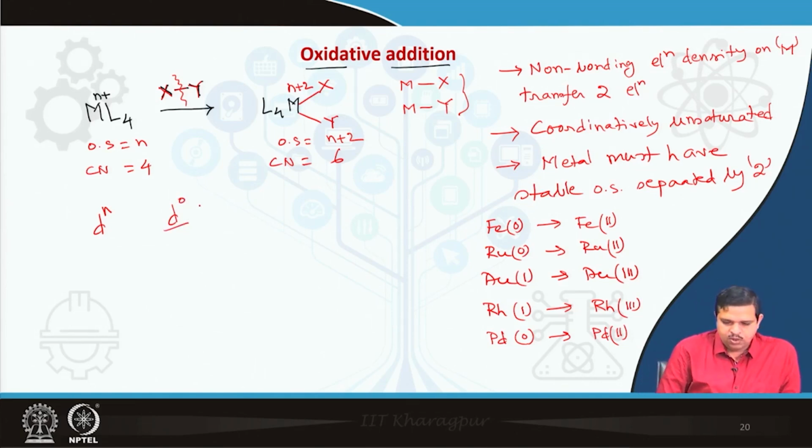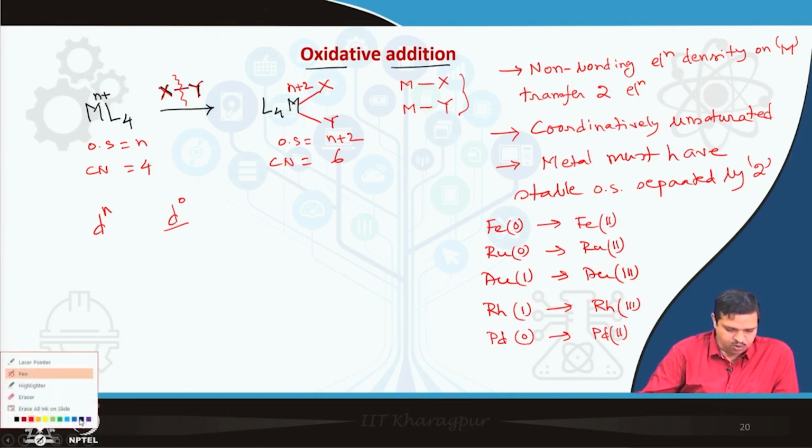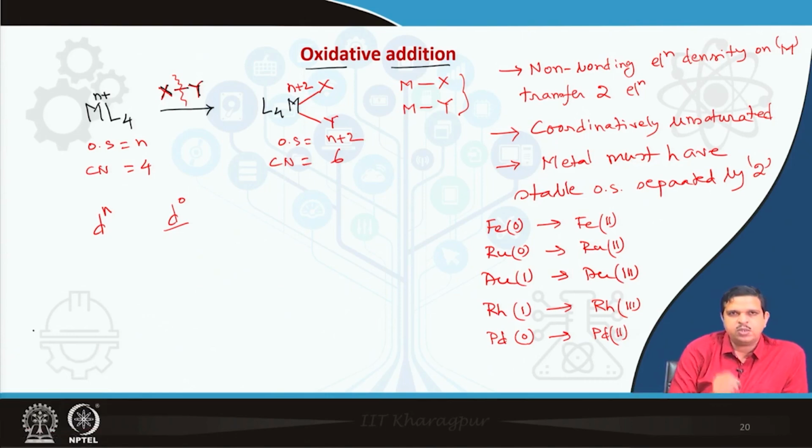Okay. So, one real example I am giving, then we will understand, although I will not discuss in depth. I just want to refresh your memory about the unique reactions of organometallic compounds. So, this is popularly known as Vaska's iridium complex.